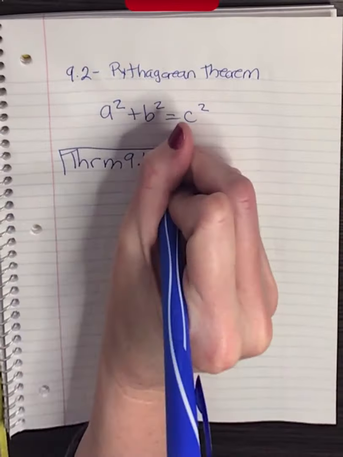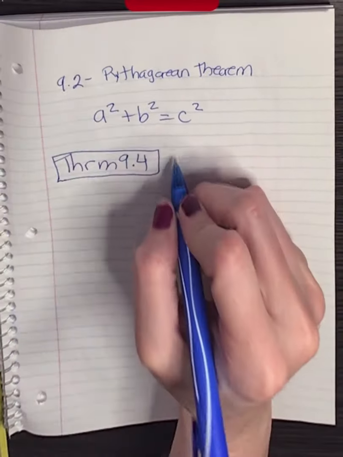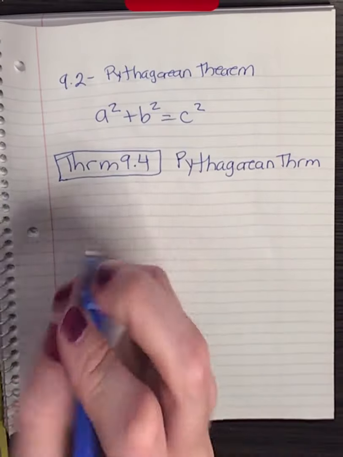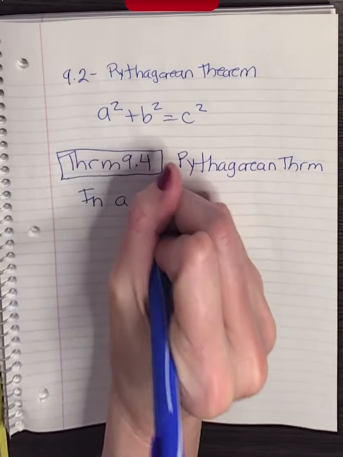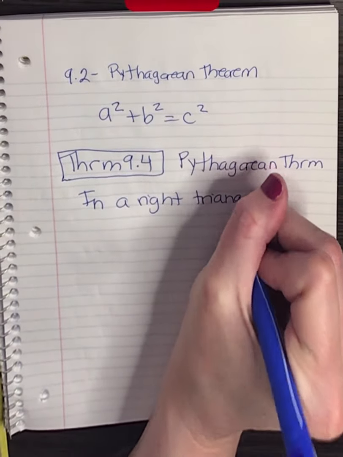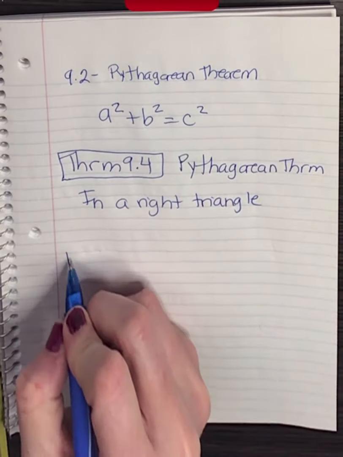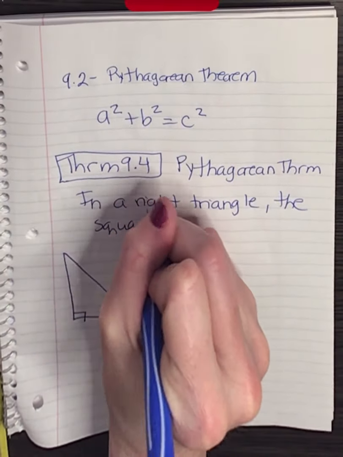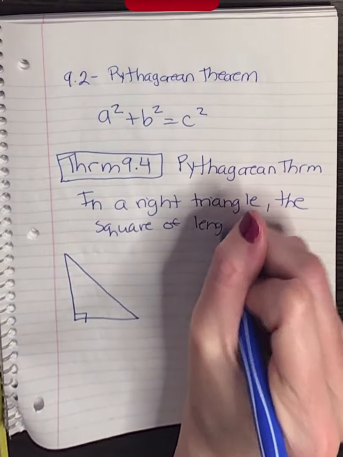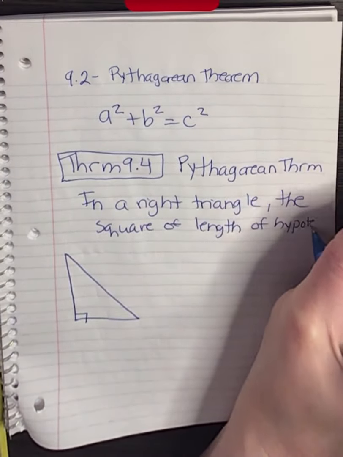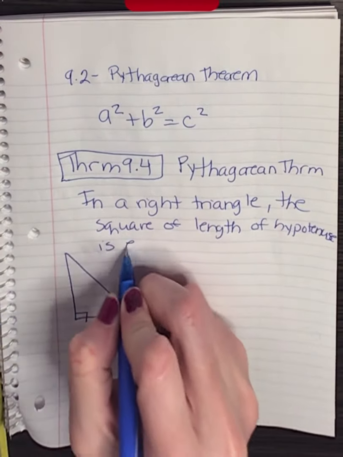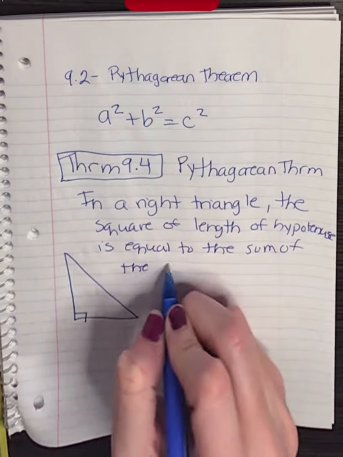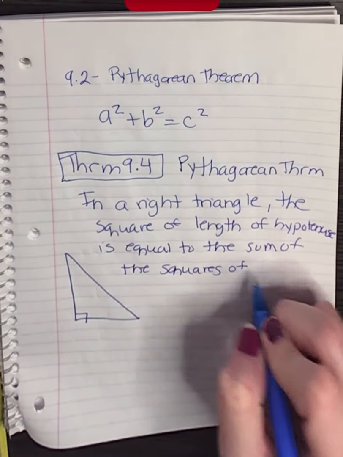So what the theorem actually states, and it's theorem 9.4, is that in a right triangle, okay, so here's your right triangle, the square of the length of the hypotenuse is equal to the sum of the squares of the lengths of the legs.